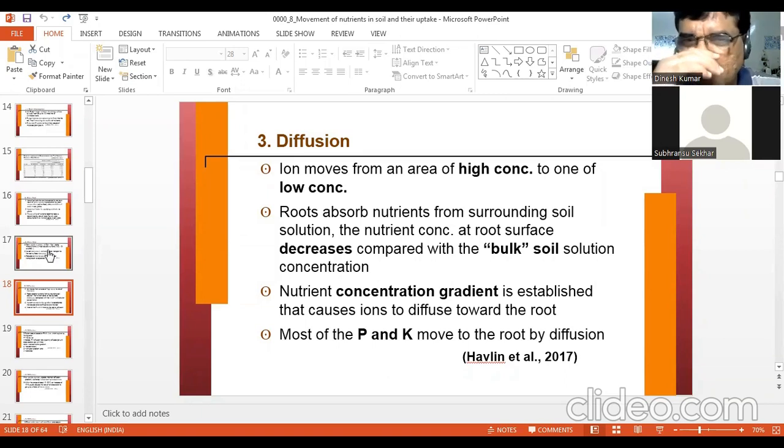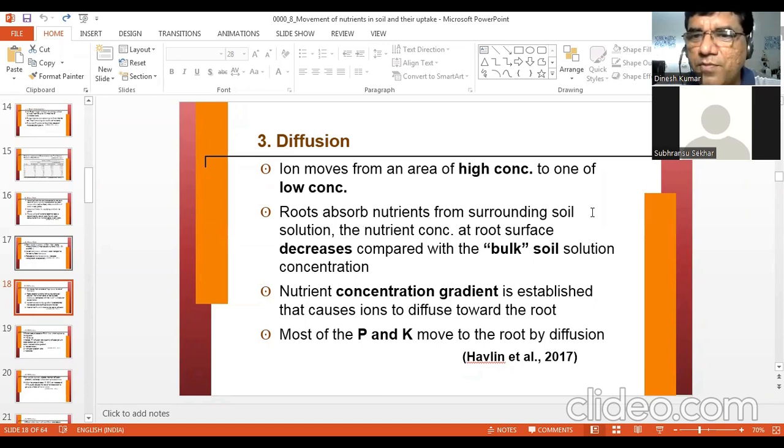Anyway, you can have some interest in this so that at least you can read more. Now we move on to diffusion. Ions or molecules move from area of high concentration to low concentration.